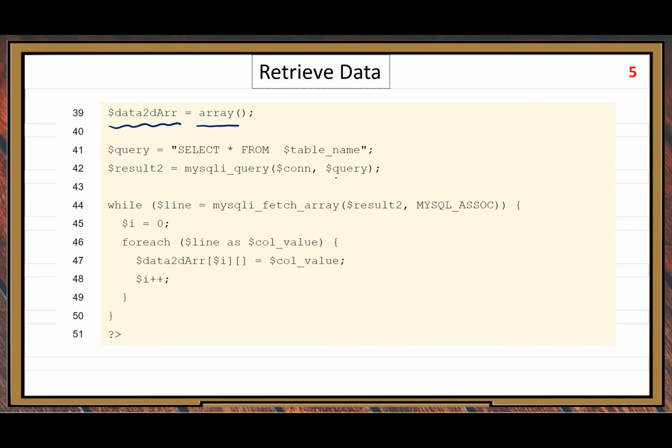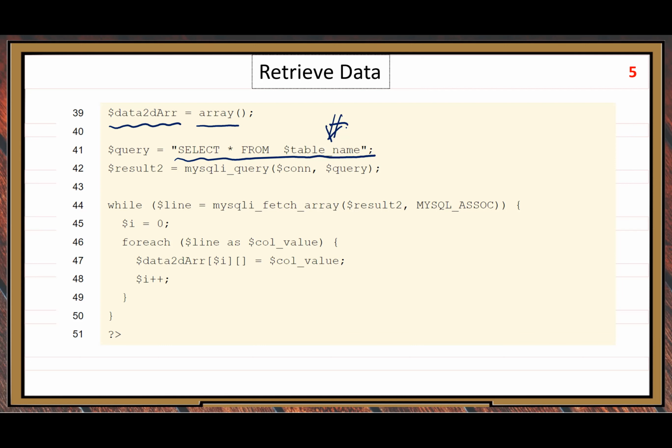Now we do the query, retrieve all the table data, select star from the table, because this variable stores the table name. So you do not worry about which table is used.